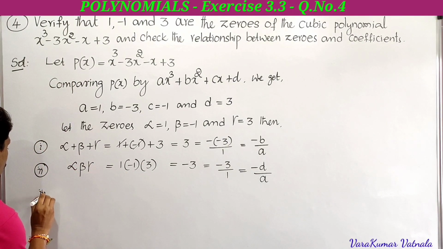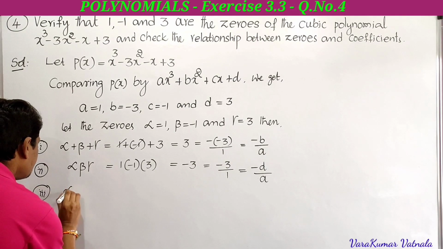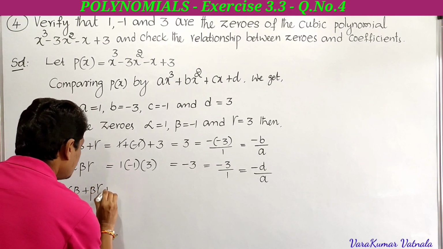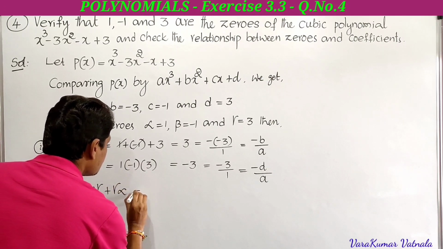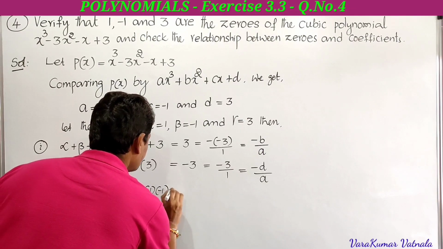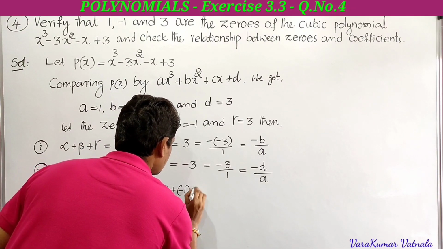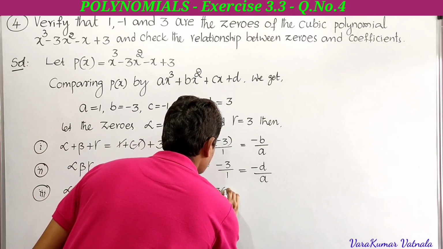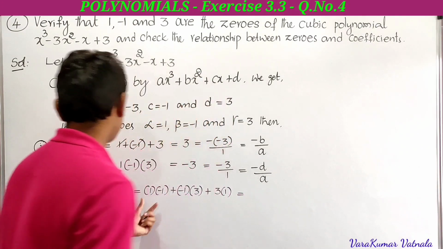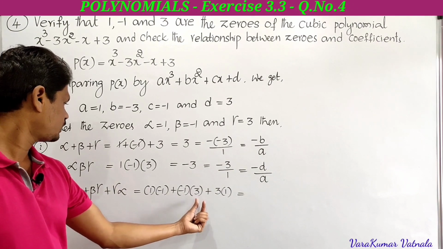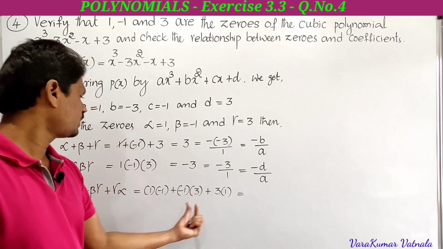So we have one more, alpha into beta plus beta into gamma plus gamma into alpha is equal to, alpha value is 1 into minus 1 plus minus 1 into 3 plus 3 into 1. So we have alpha beta, that is 1 into minus 1 plus beta gamma, minus 1 into 3 plus gamma alpha, 3 into 1.